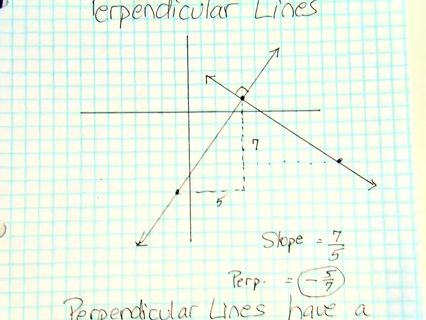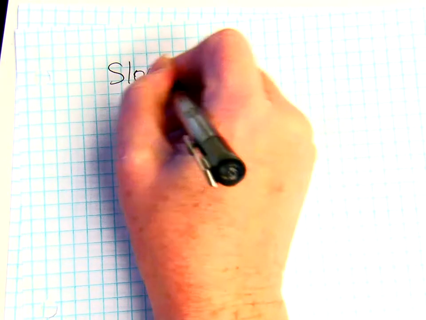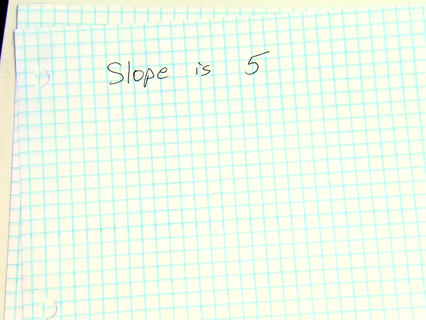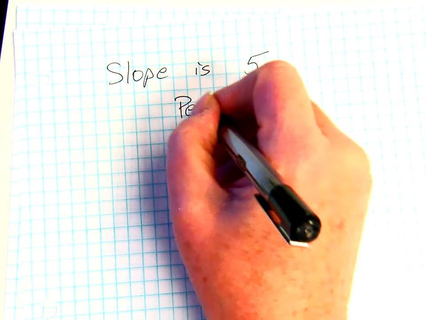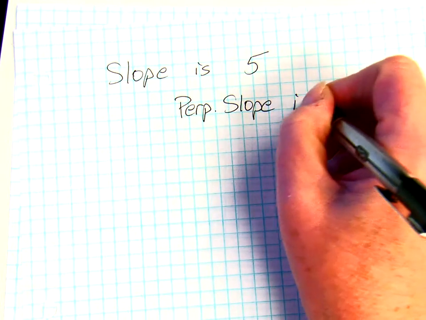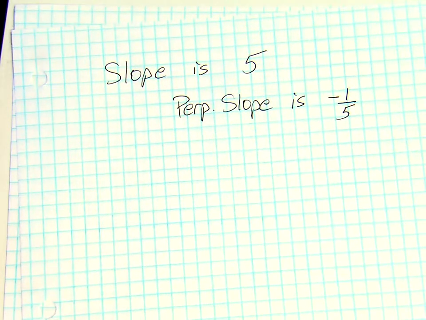So let's say our slope is 5. Then our perpendicular slope is -1/5.